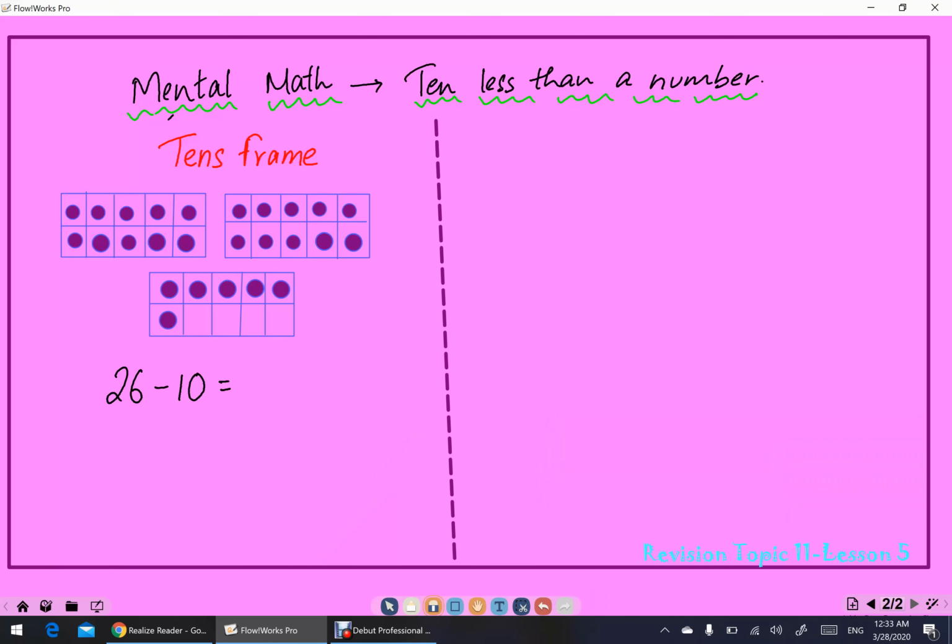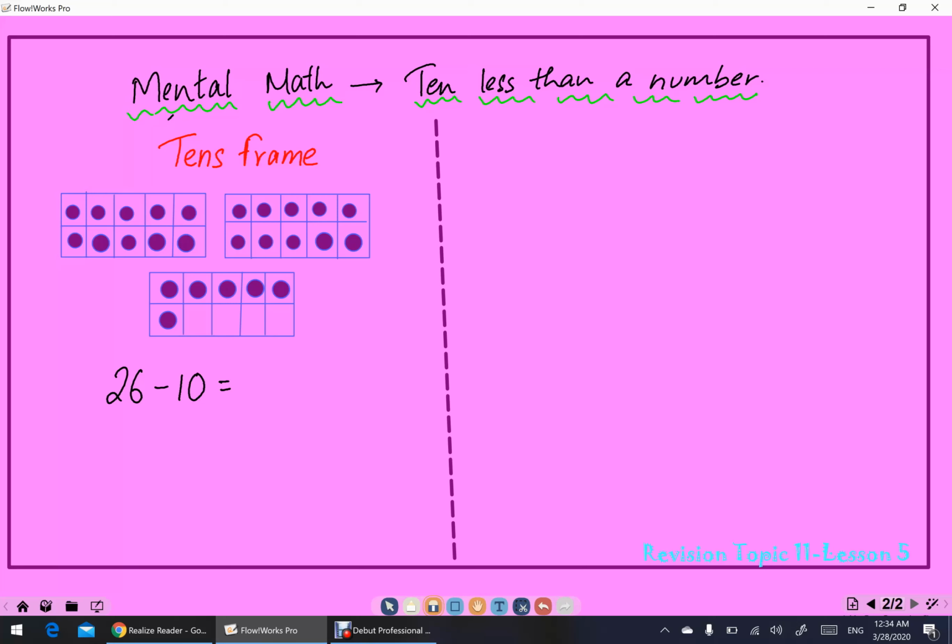Before I begin my lesson, we always do a revision of the previous lesson, right? If you remember what we did on Thursday, let's quickly recall. We learned about mental math, how to solve an equation by using a tens frame or solving it mentally.